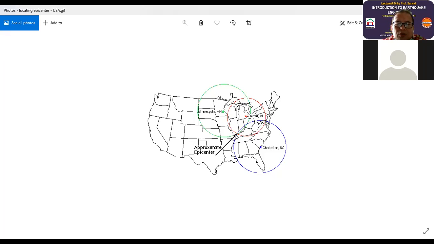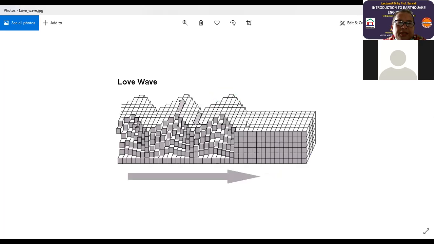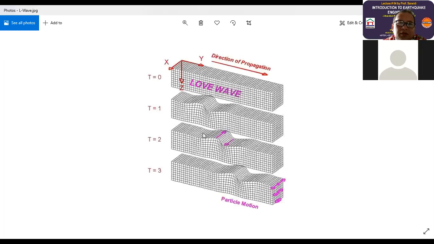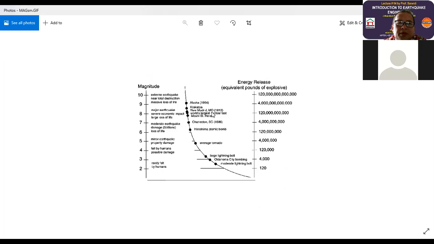If we have 2, we have 2 points. If there are 3, we tend to get 1 point. Okay, we use the law of waves that is very destructive. So these are waves from T0, T1 second, for example, T2 and T3 second. So there is a moving propagation there.